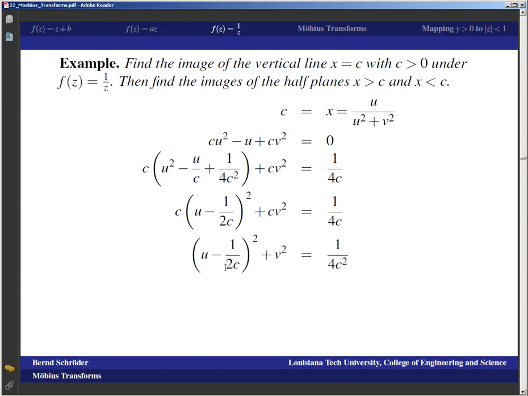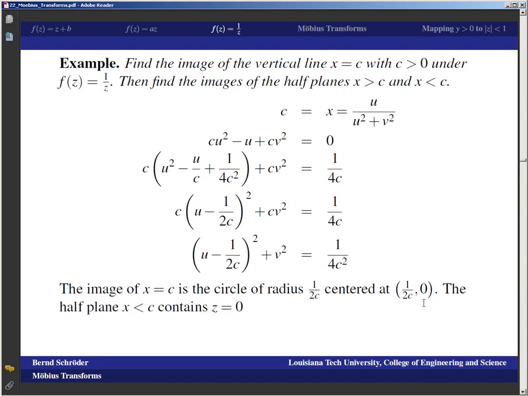If we divide by c, we get u minus 1 over 2c quantity squared plus v squared equals 1 over 4c squared. And that image, therefore, of x equals c is the circle of radius 1 over 2c, the radius of the right side, which is centered at 1 over 2c and 0 in the y direction.